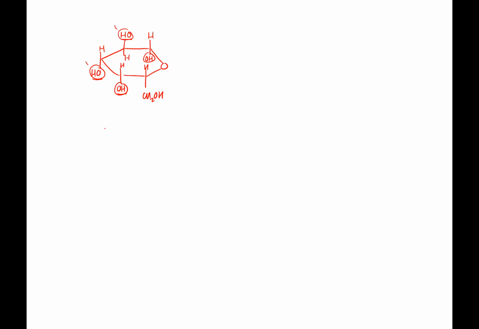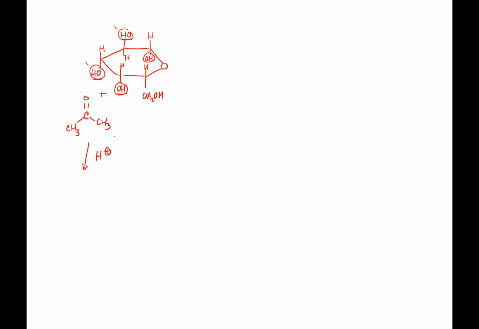What's my point? My point is that I could take a molecule like acetone, right? Dirt cheap, low boiling point. Let's say I reacted this sugar molecule with acetone and H+.